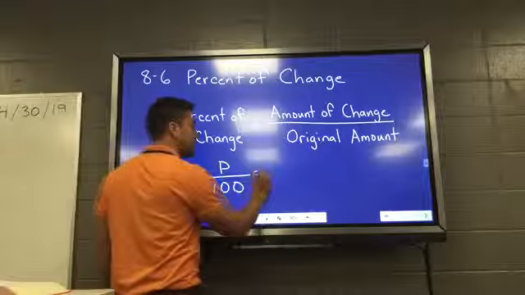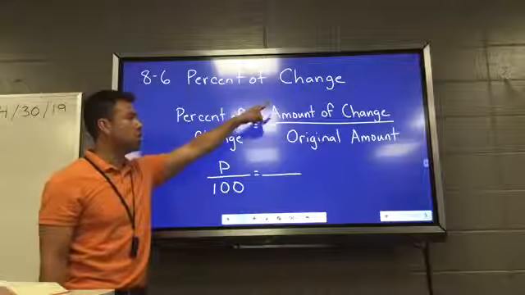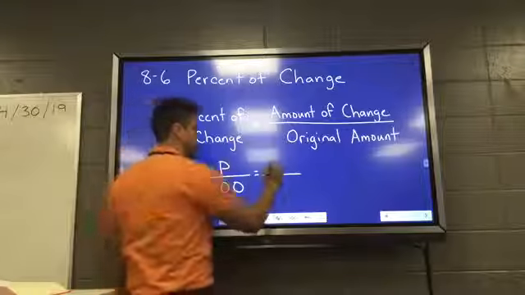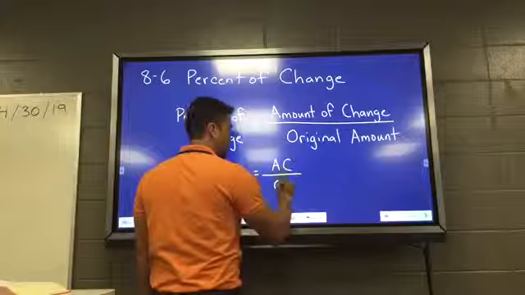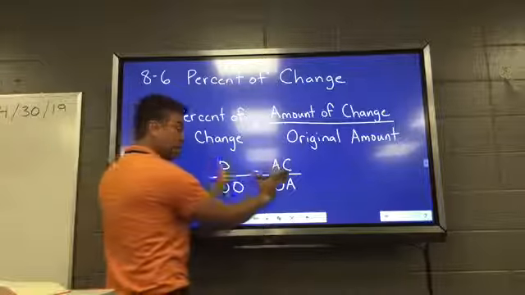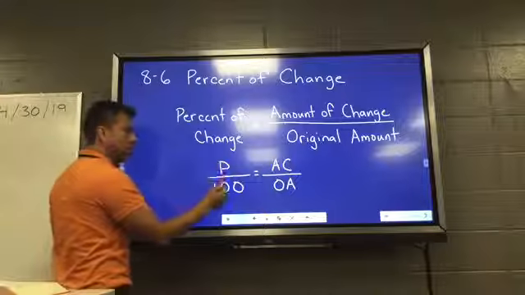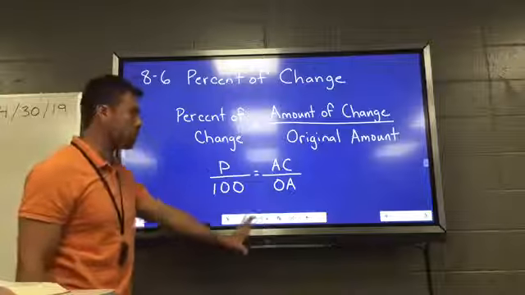And then on the other side of this proportion, you're going to put the amount of change over the original amount. That's abbreviating what we're doing. We're always going to have this little format here: percent over 100, amount of change over the original amount. Okay, that's what we're doing.